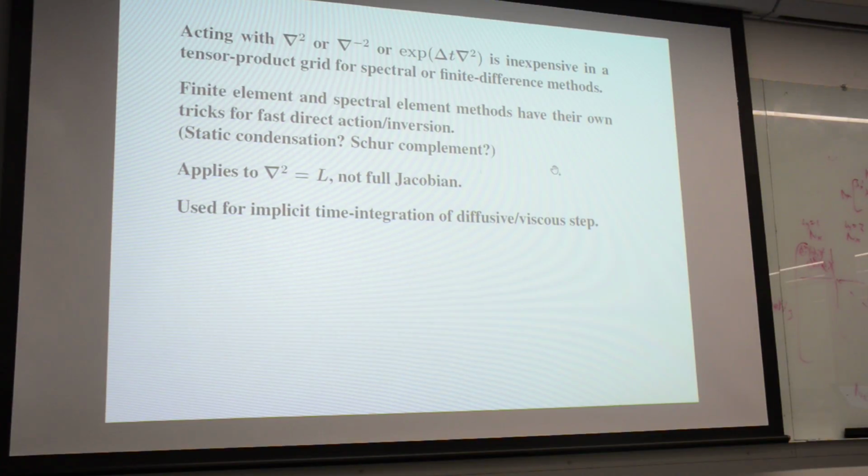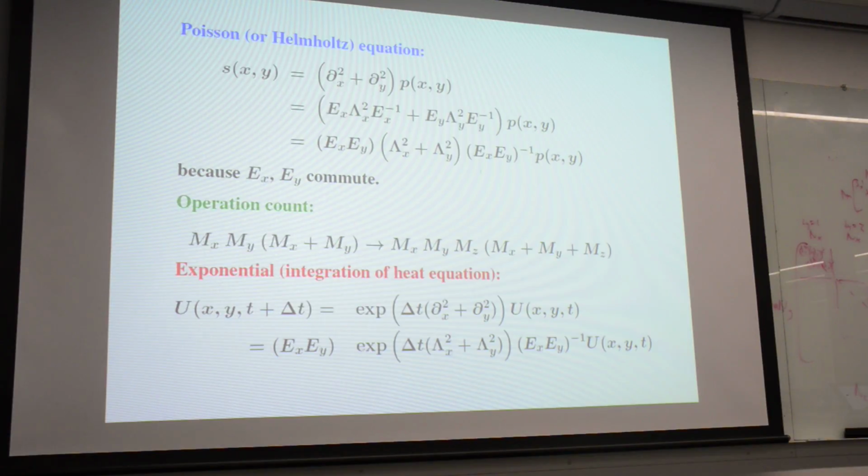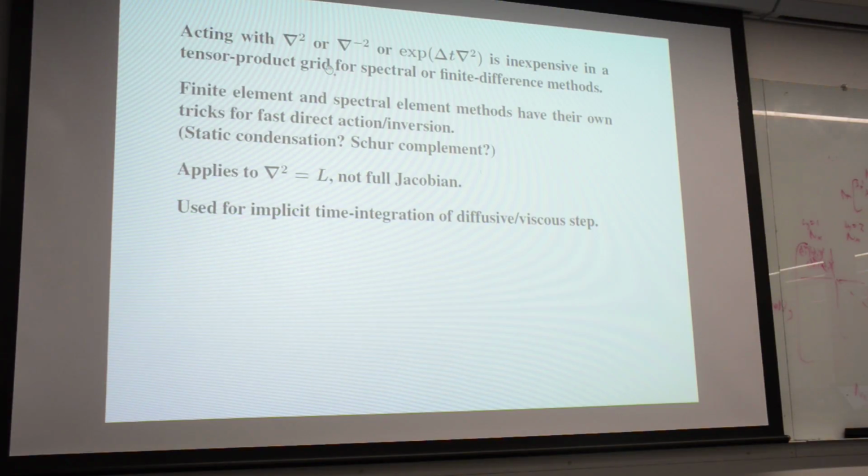So what we've shown is that acting with the Laplacian or the inverse Laplacian or the exponential is inexpensive in a tensor product grid. Tensor product grid meaning this very thing that we were saying here. It's a sum of these operators in different directions. That would also be the case more or less in cylindrical and spherical geometry. It's more complicated, especially in cylindrical, because the R's get mixed in, but it still can be done.